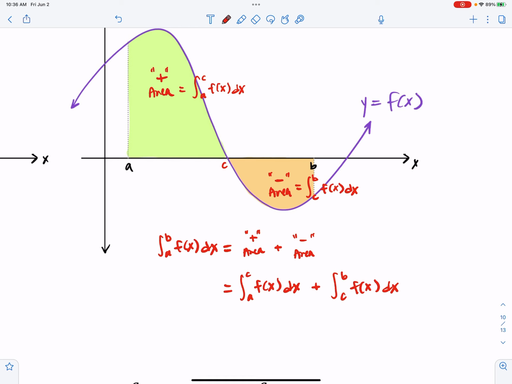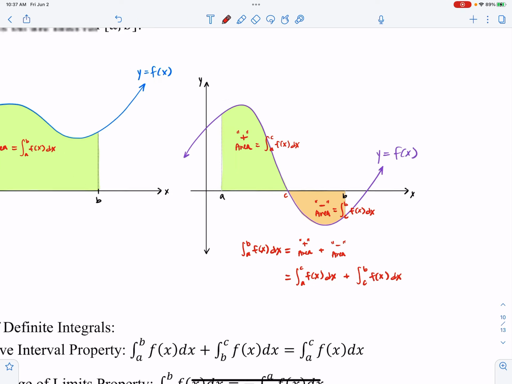So taking a value that lies on the interval and splitting up the integral to be a sum of the integrals based on those separate intervals.